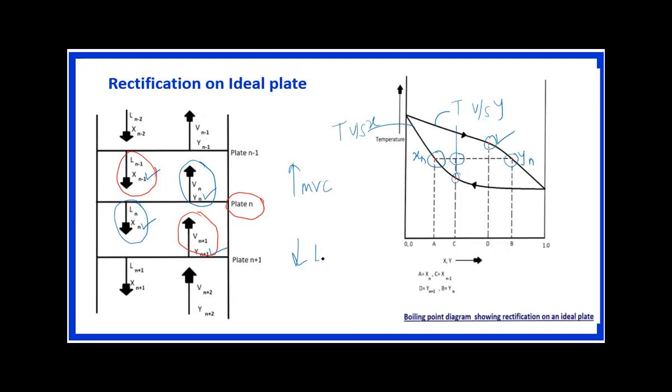When we are moving in the downward direction, the components are LVC rich, and the temperature at the bottom is higher than the top, right? So this is all about the rectification process on the ideal plate. Thank you.